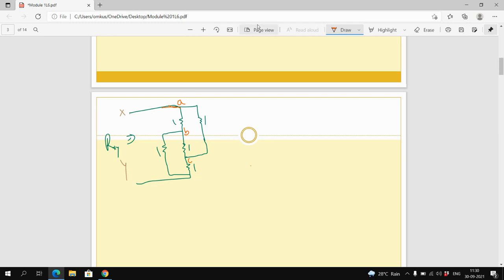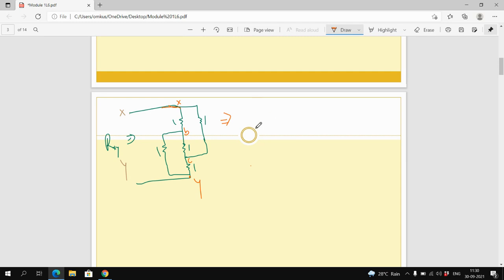Or you can say this is X point, because X is already given here. So this is X node, and this is Y node. Okay, and this is B and C node. So in this problem there is no such confusion, but there are some problems which confuse a lot. So that's why we name the nodes.